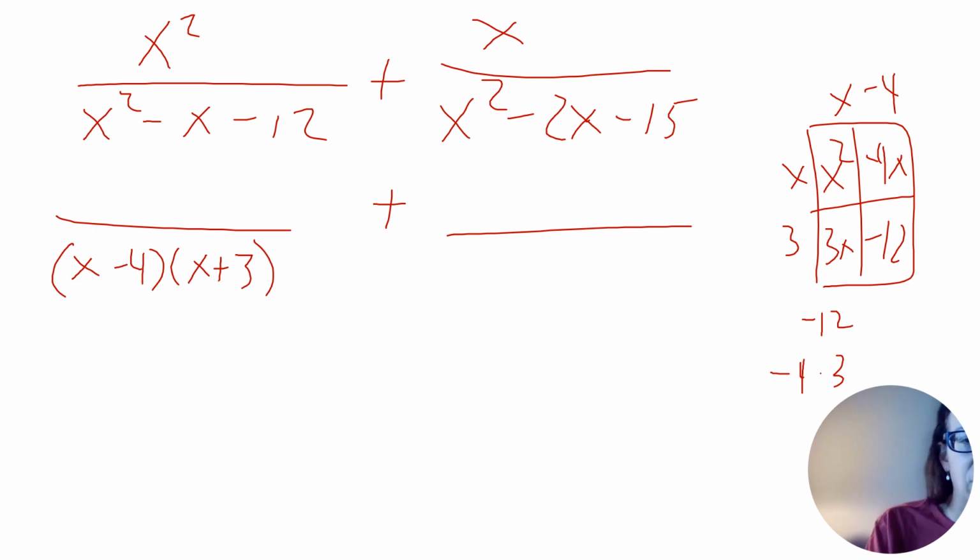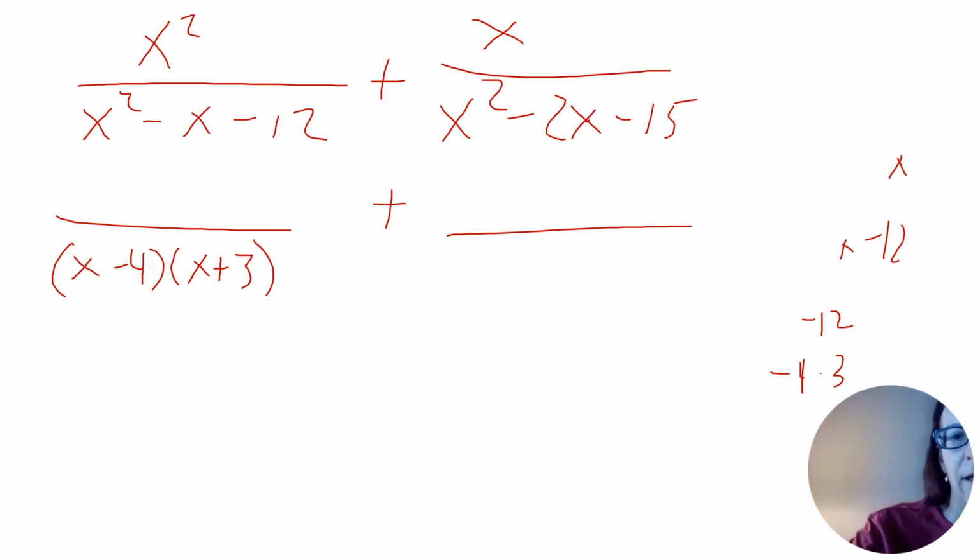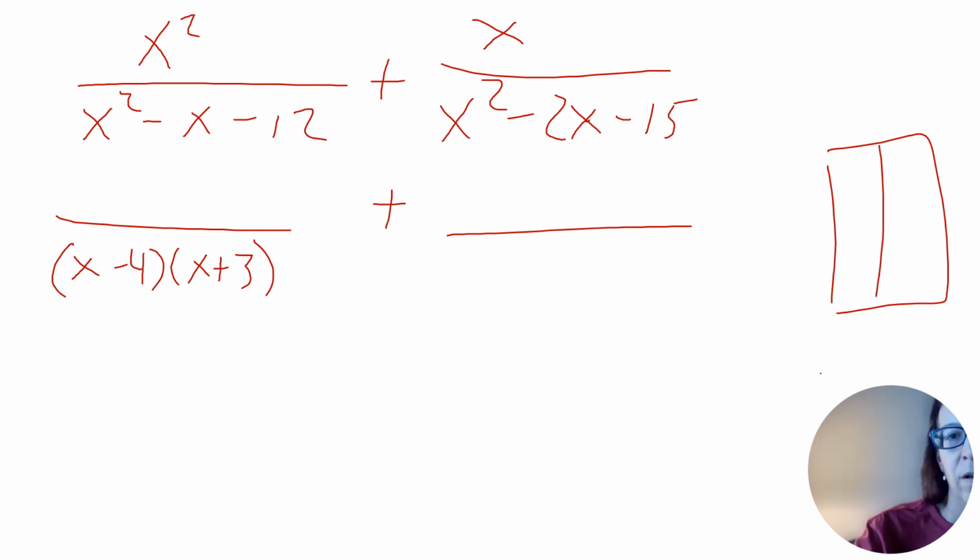And then we've got to factor the other one. So pause if you need to grab that factoring. And we're going to factor the next one. So this is x squared and negative 15, and we want two factors of negative 15 that add up to negative 2, and that would be negative 5 and positive 3.